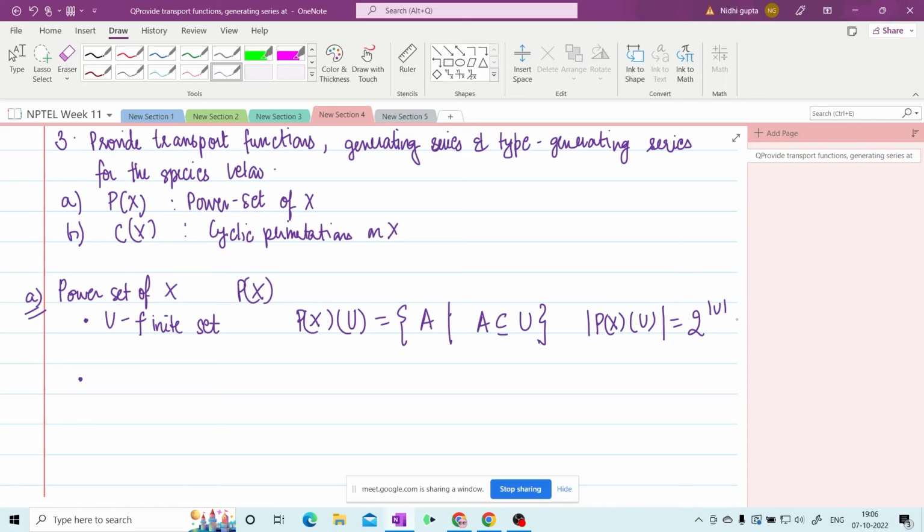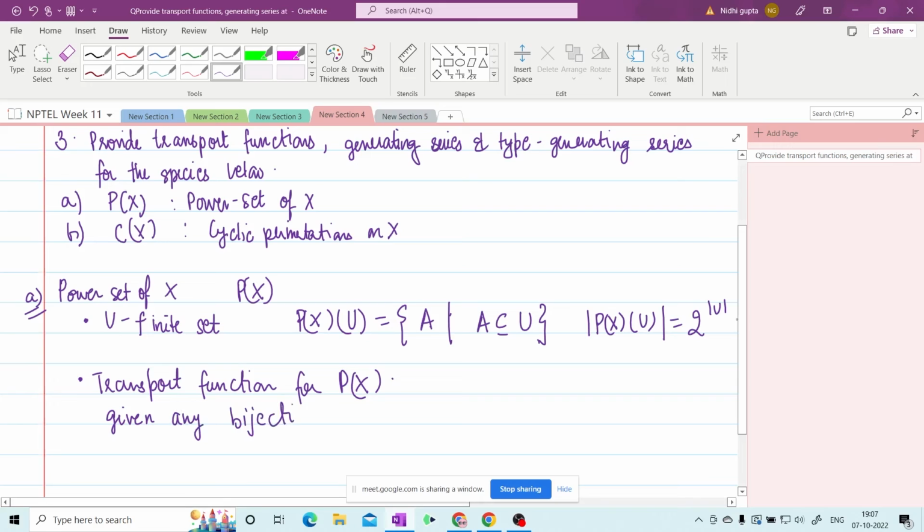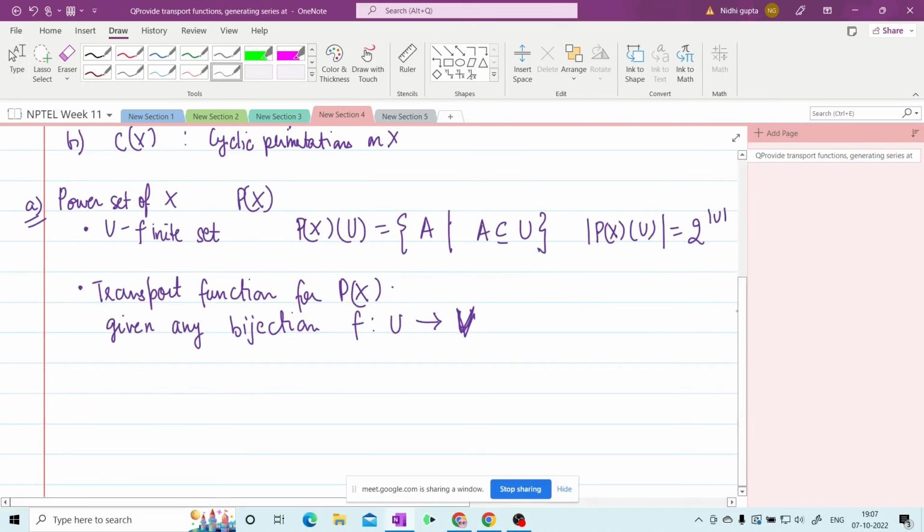Now if we want to define a transport function for Px, then given any bijection f from u to v, we have to define a map Px f from the power set of u to the power set of v.